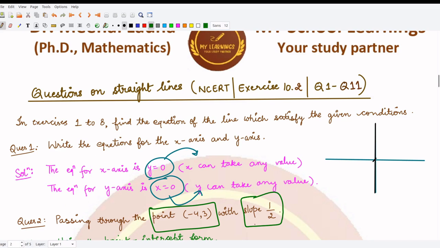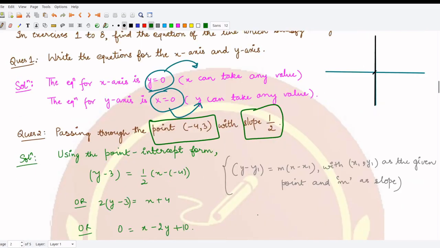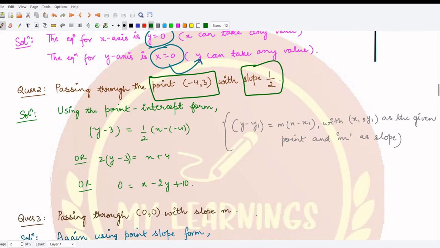In this question I am using the point intercept form. Actually it is the point slope form, not the point intercept form. Fine.